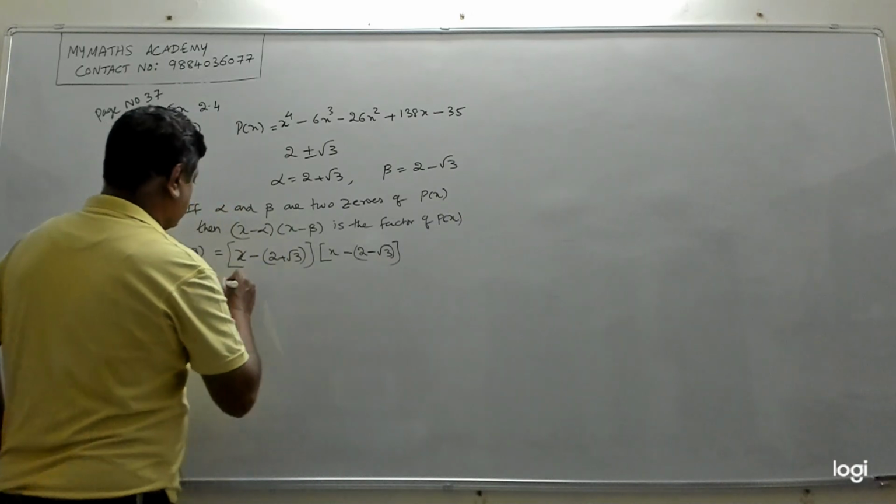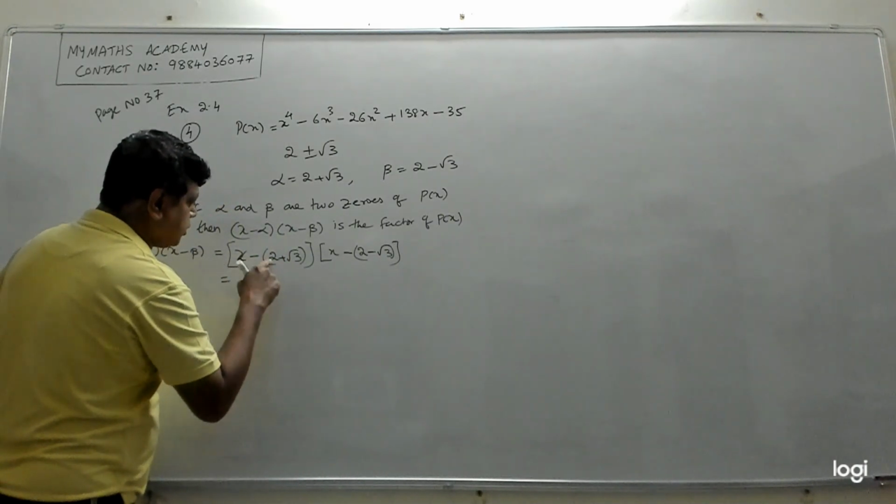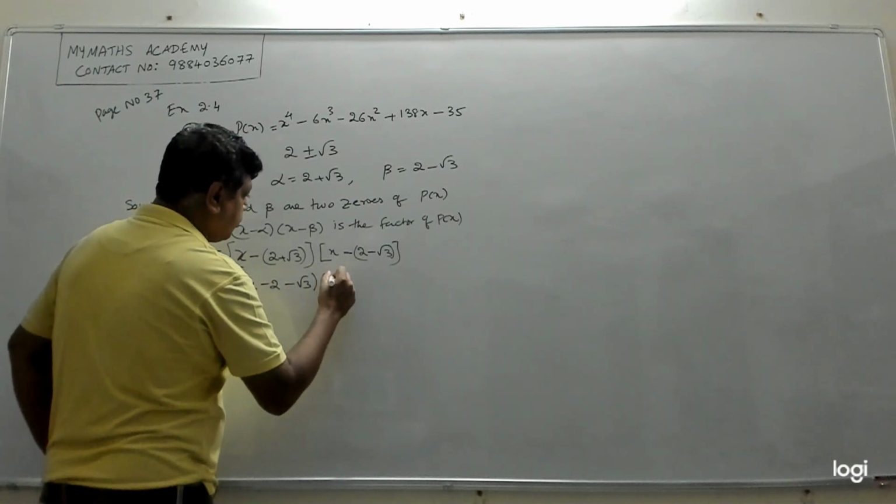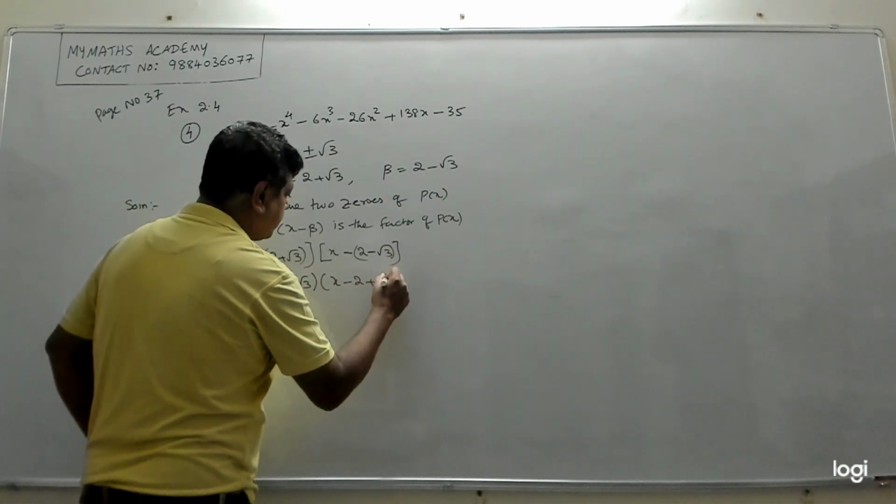So that is x minus 2 minus root 3, into x minus 2 plus root 3.